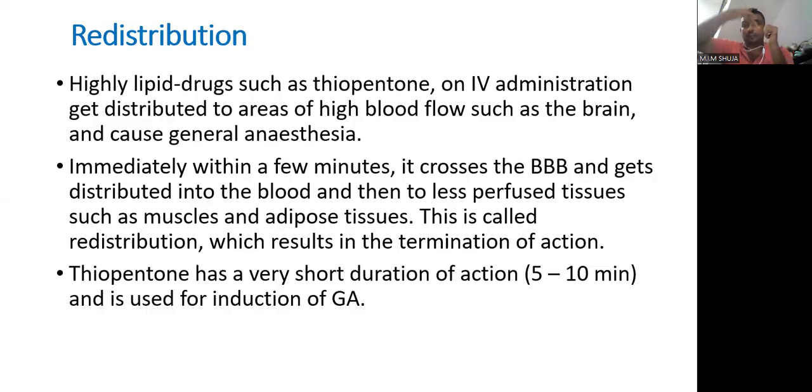The drug will come back to the blood. That is redistribution. From the plasma, if a drug goes to the other compartment or other tissues, that is distribution.